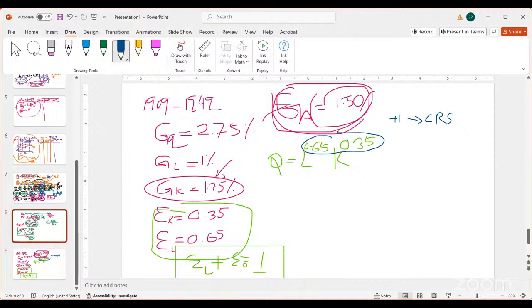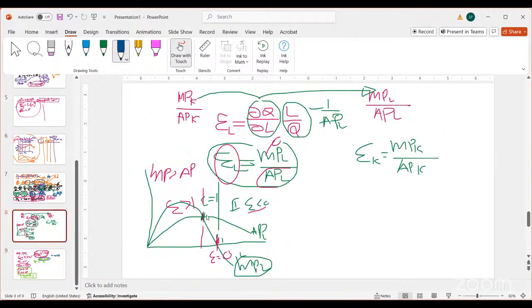Exactly, if you look at here, the second stage, the producers produce in the second stage. Otherwise, the elasticity must be greater than 1. Somewhere here.